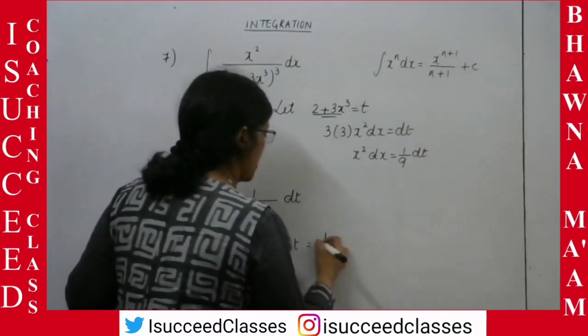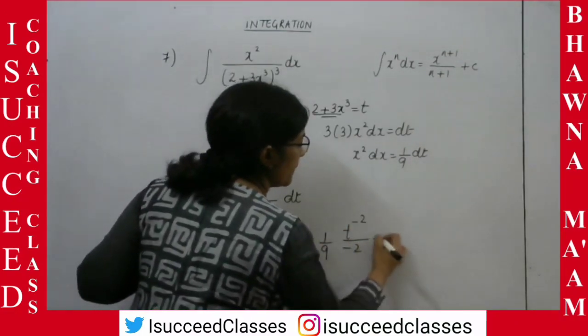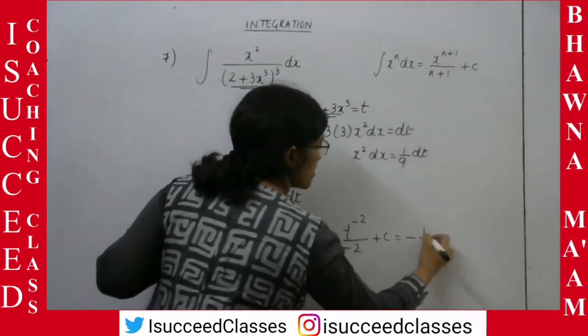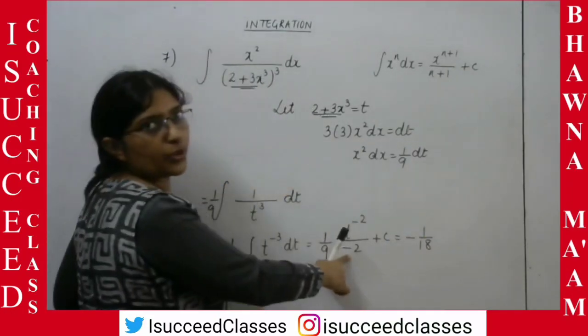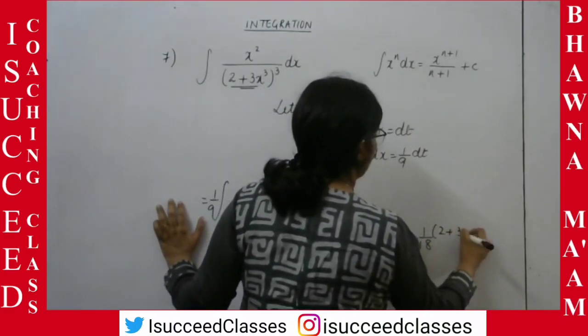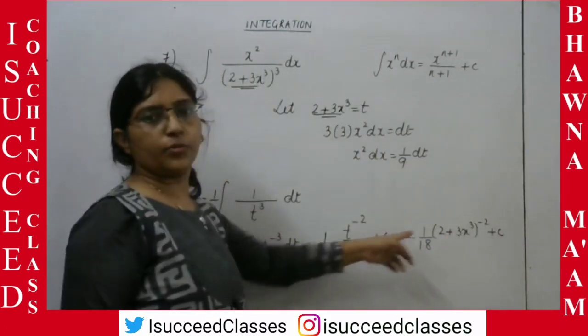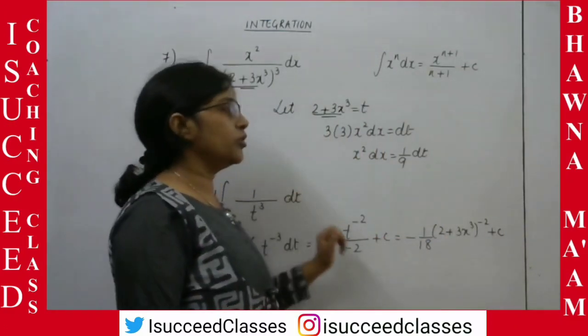Okay, so let's do that. Minus 3 plus 1, and yes, put the value of t now. If you want, you can put this in the denominator, that would be your final answer.